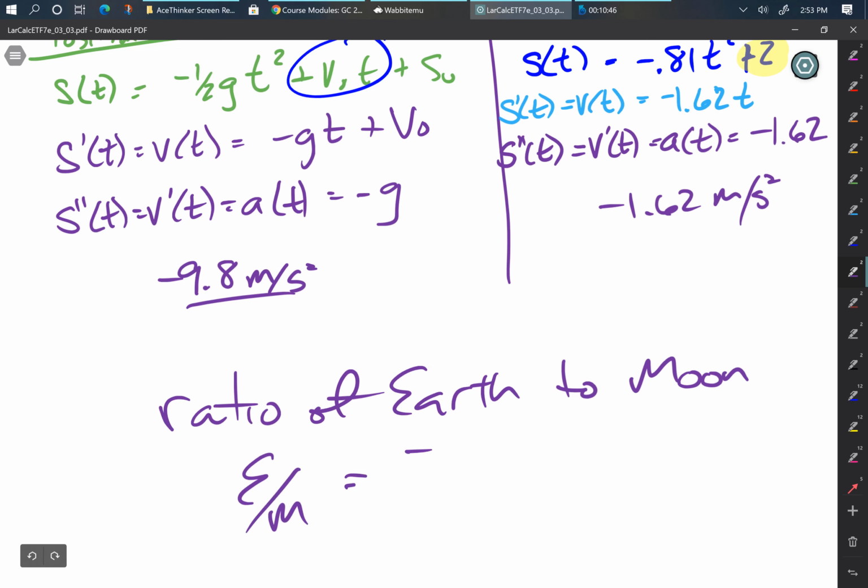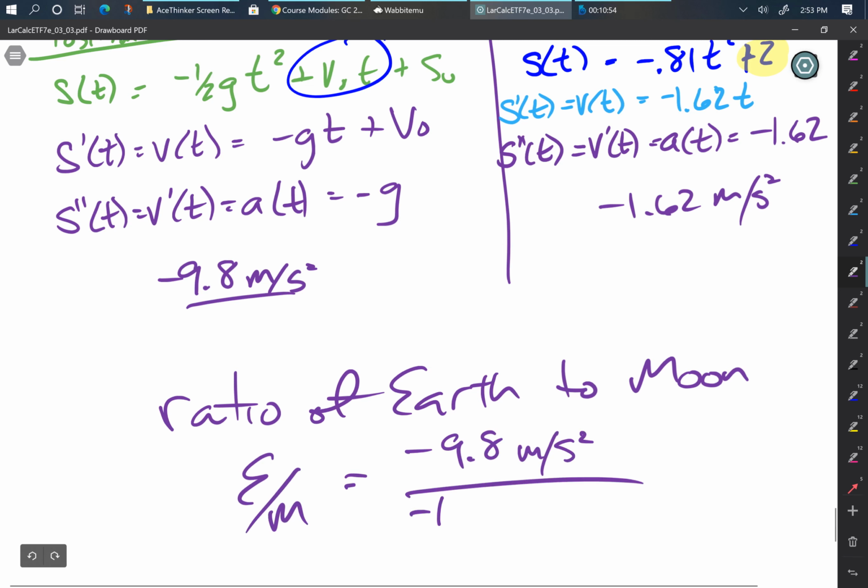So in this case, that's going to be negative 9.8 meters per second squared divided by negative 1.62 meters per second squared. Now clearly the units are going to cancel. I'm going to need a calculator for that. Negative 9.8 divided by negative 1.62, I get about 6.